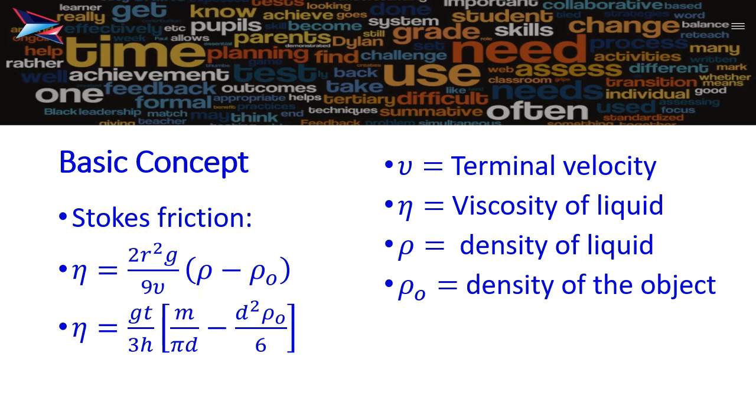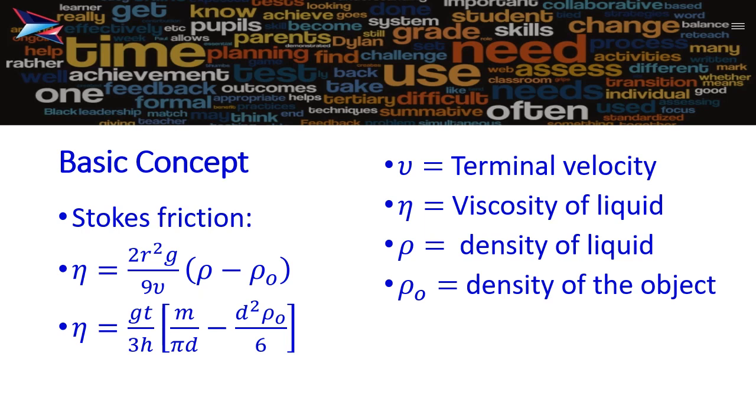The next one is the basic concept of the Stokes friction method to determine the liquid viscosity. In this technique, we use a spherical object, which is a ball bearing.